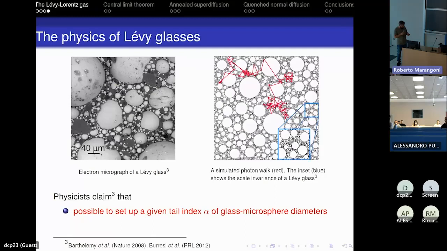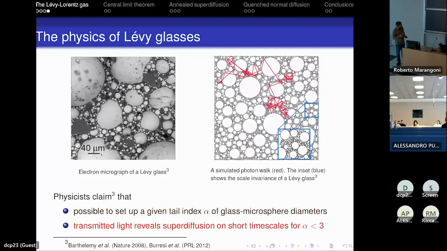And in this framework, by analyzing transmitted light in the material, they observe superdiffusion when alpha is smaller than 3, at least on short time scales. The Lévy-Lorentz gas model is motivated by this experiment, and I want to understand whether some similar features about superdiffusion can occur in the model.